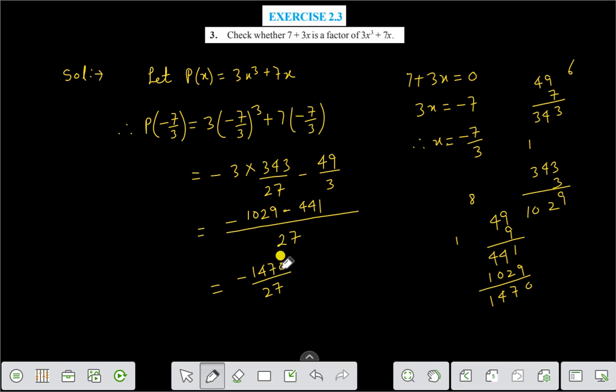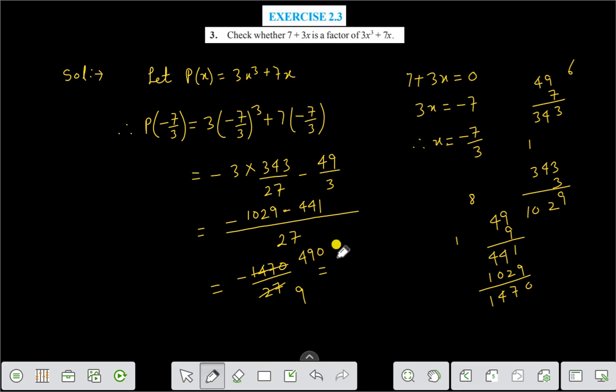If we divide it by 3, 3 9 is 27, 3 4 is 12.